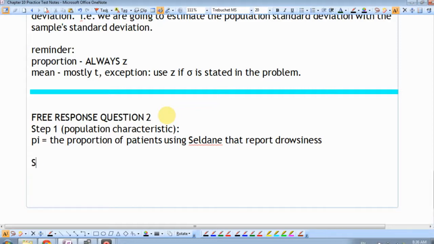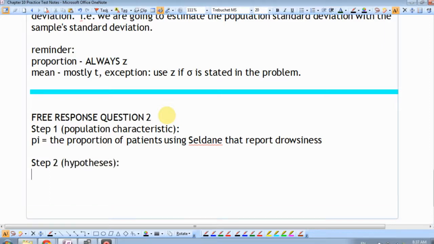Step 2. Hypotheses. Null hypothesis: pi is equal to 8.1. 8.1 is the proportion of placebo patients who report drowsiness. So we're starting with placebo.